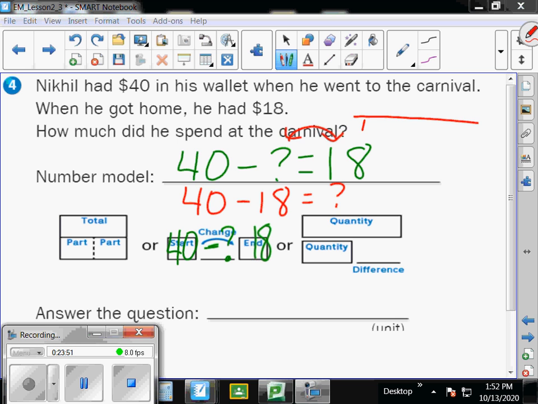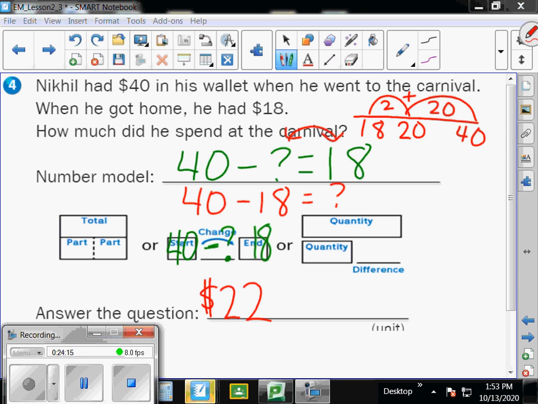I'm going to start with 18 and I'm going to jump to 40 and see what that is. 18, I'm going to start with 2. 18 plus 2 is 20, and then 20 plus 20 is 40. So when I put those two together, my answer is 22. Now, we're talking dollars this time, so I'm going to put my dollar symbol up here.